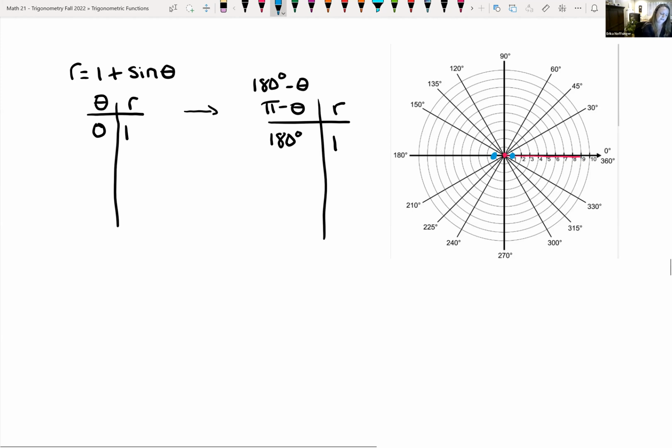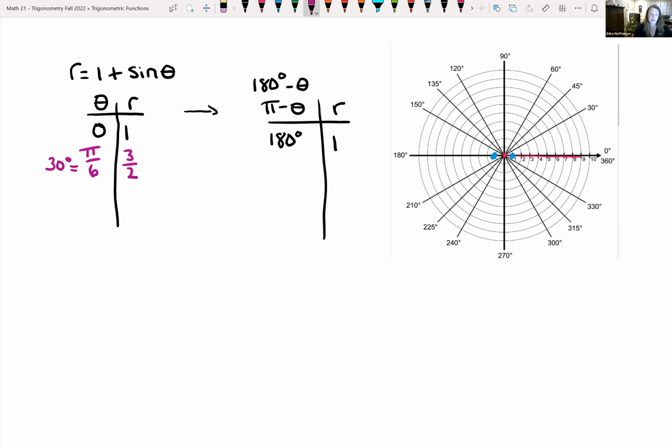So let's plug in another value. So let's say that we plug in 30 degrees or pi over 6. So if we plug that in, we get that sine of 30 degrees is 1/2. So 1 plus 1/2, that is 3/2.